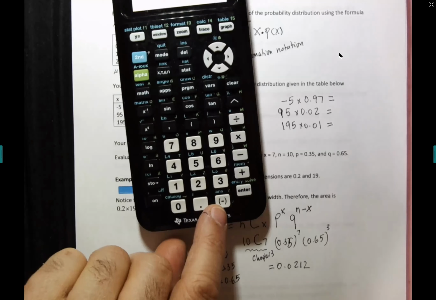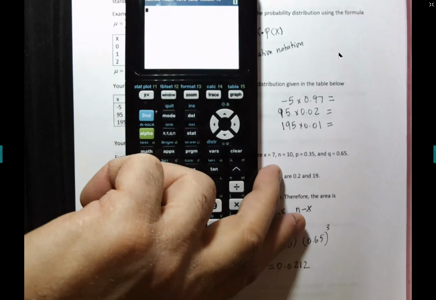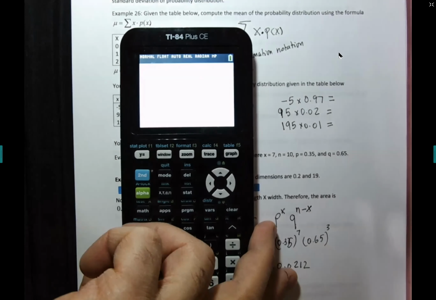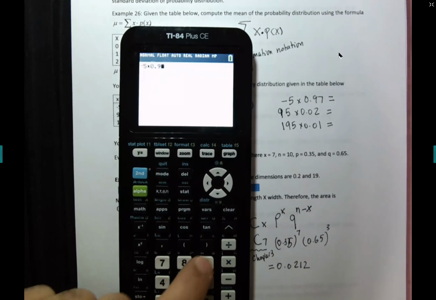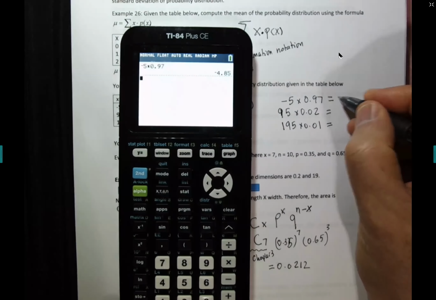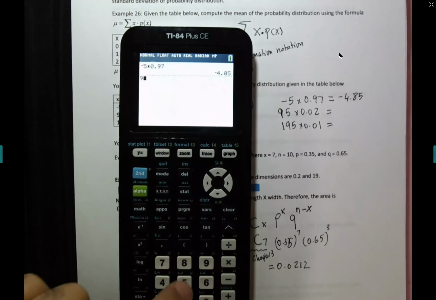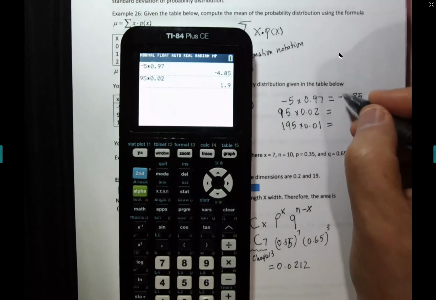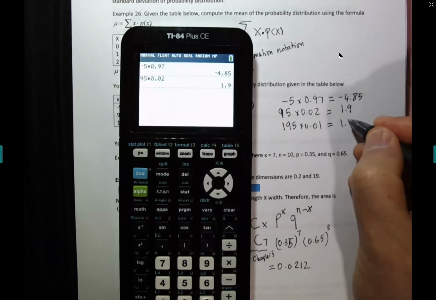Remember, this is the sign for negative right here. You don't use this operation. This is an operation. It will be wrong. The calculator will not execute here. So -5 times 0.97. I got -4.85. And 95 times 0.02, I got 1.9. And this one is going to be 1.95.